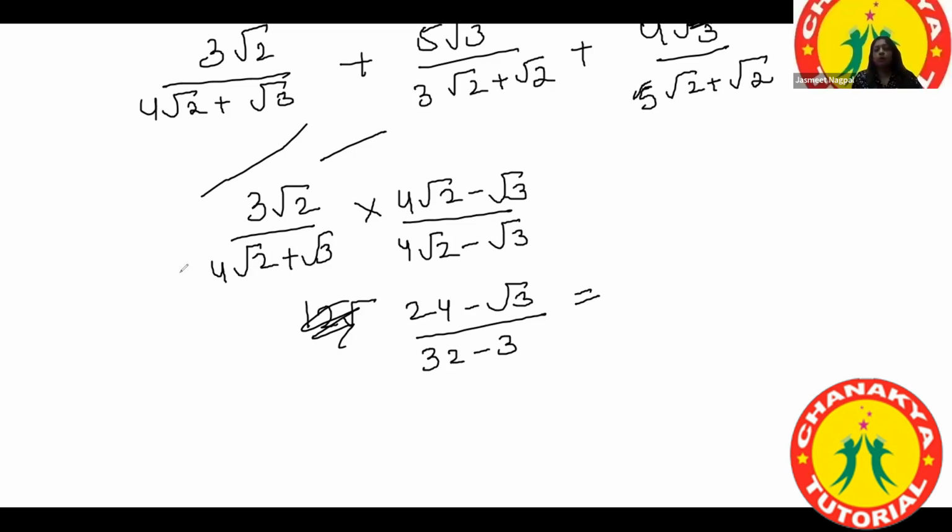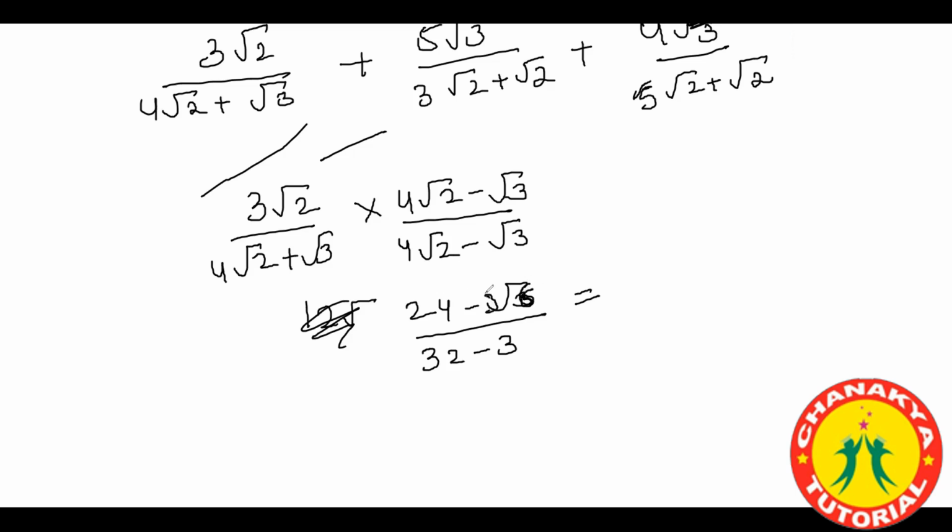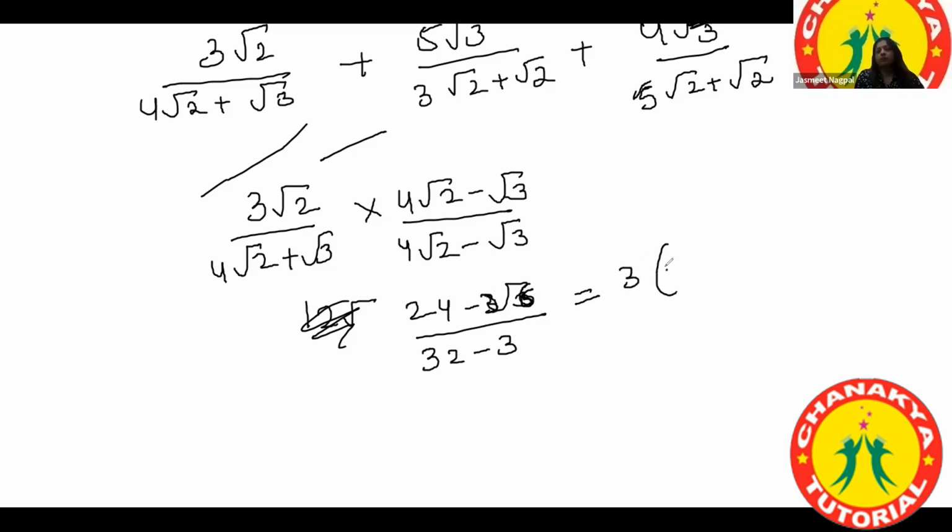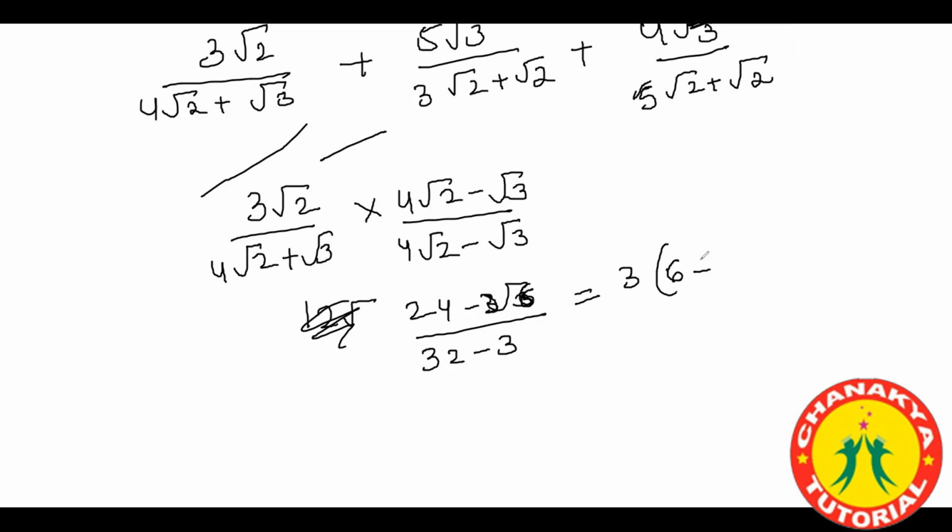Then this is 3 root 2 multiplied by 3 is 3 root 6. Yes, ma'am. 3 is the common. 6 minus root 6, right? Yeah, 6 minus root 6.